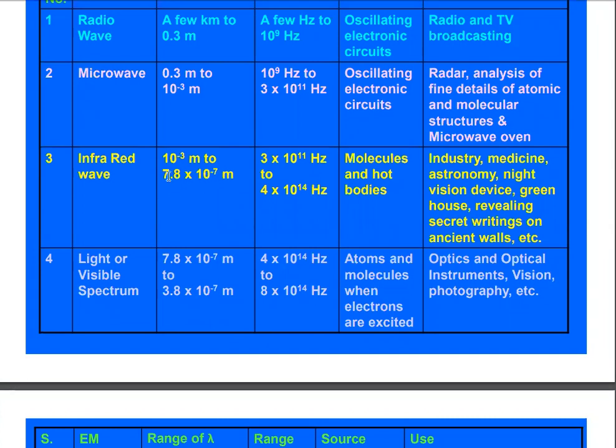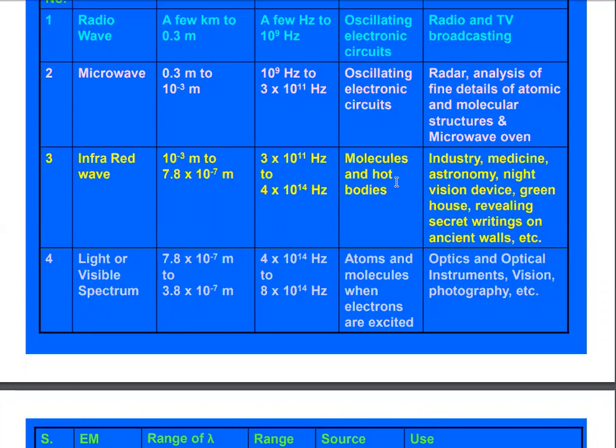So infrared wave ranges in wavelengths from 10 to the power minus 3 meter to 7.8 into 10 to the power minus 7 meter. And its frequency will be higher than that of the microwaves, and frequency ranges from 3 into 10 to the power 11 hertz to 4 into 10 to the power 14 hertz.